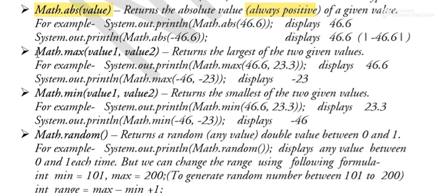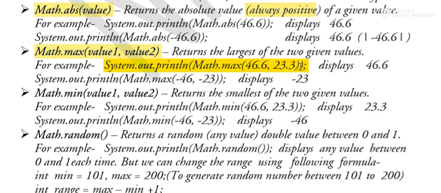Next function is math.max. Math.max returns the maximum number between two given numbers, value 1 and value 2. For example, if we write system.out.println math.max 46.6, 23.3.